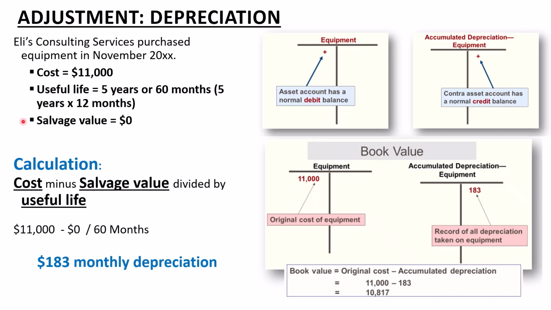So to compute the depreciation for the month of December, we subtract the salvage value, which in this case is $0, from the cost of the asset, leaving us with $11,000, and then divide that amount by 60 months, which is 5 years in months. The amount of the monthly depreciation is $183.